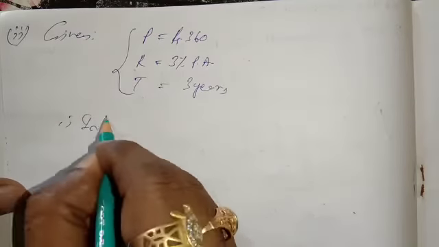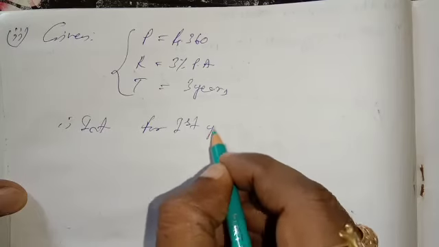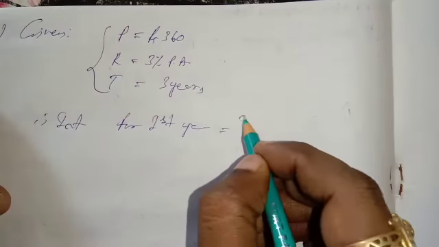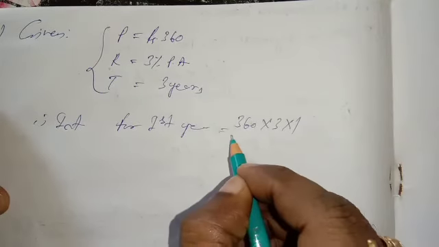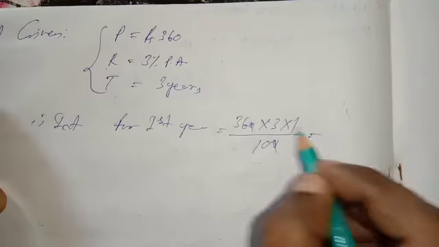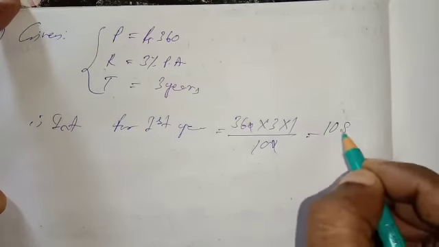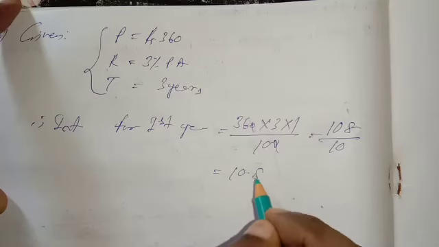Interest for first year, that is PRT by 100, 360 into rate 3 time 1 always by 100, 10 cancel, 3 108 by 10, that means 10.8.